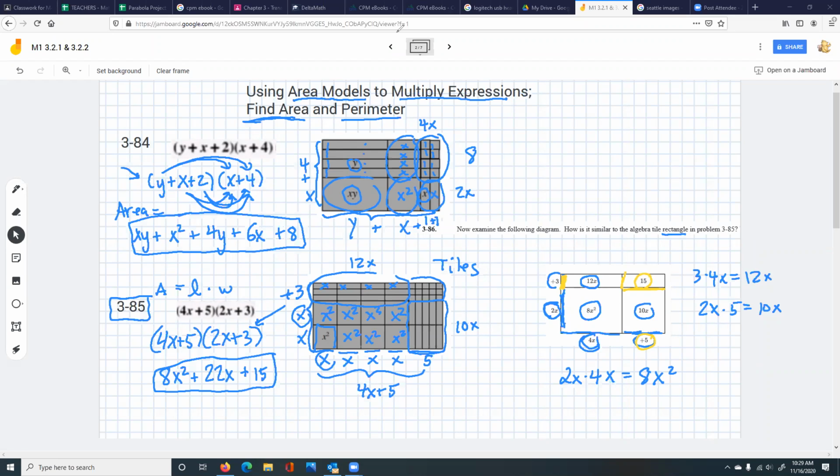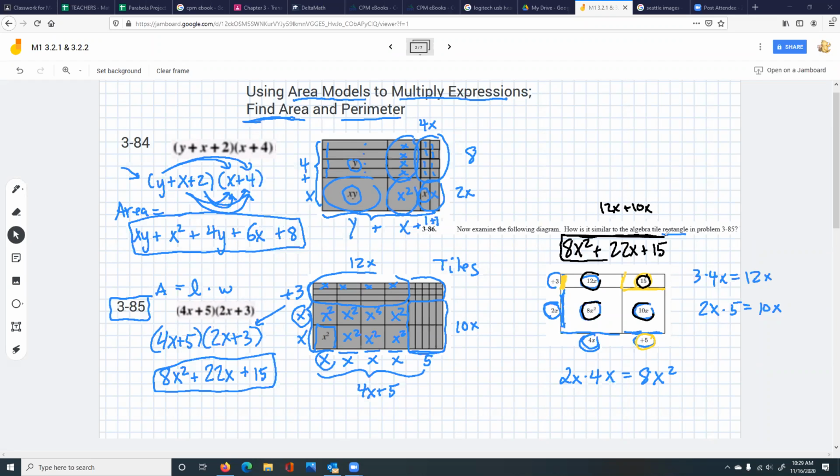First, you start with the big tile, the 8x squared. Then you do these two that are diagonal to each other, the 12x and the 10x, and add those together. What's 12x plus 10x? That's 22x, right? And then you do the constant last. Remember, the constant goes last. It goes at the end, 15.